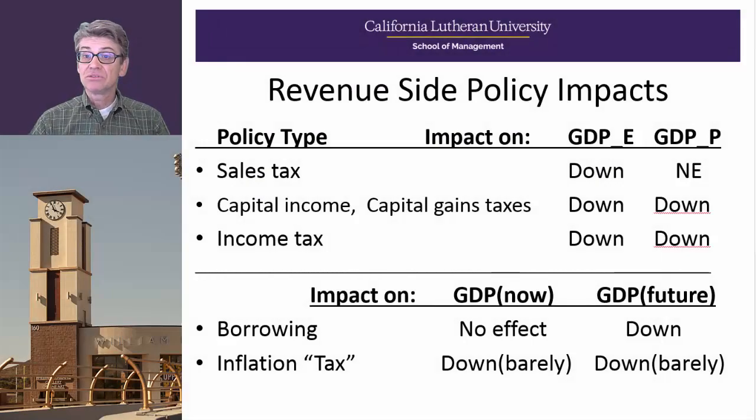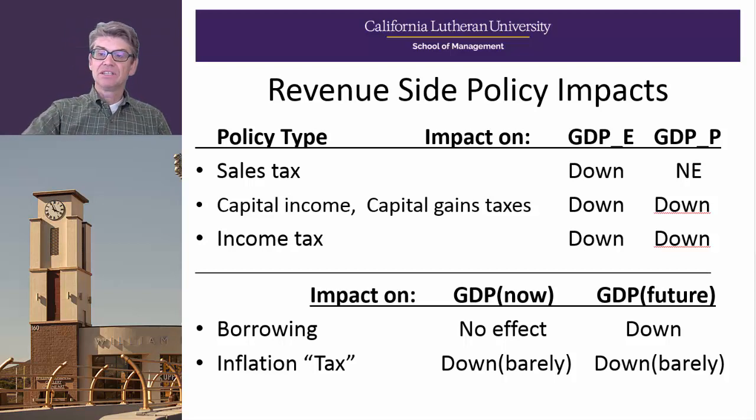All right, starting with the revenue side. What are the economic impacts of different types of revenue side policies? We're going to do the tax policies first. So I have the sales tax there, the capital income, capital gains type taxes second, and the income tax third.